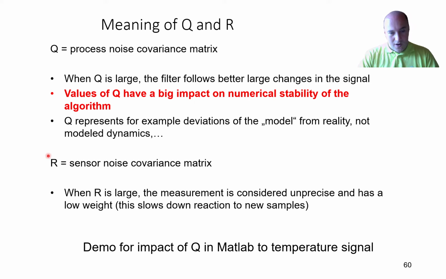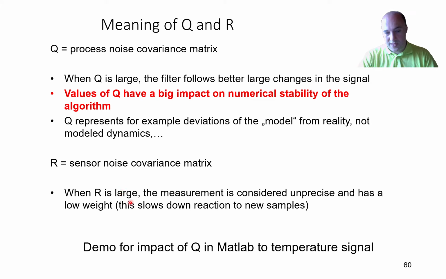Now to the value of R. The matrix R is the sensor noise covariance matrix. So this is telling me how precise my measurement is for all the variables that I have selected. So when I have one variable which has a large value in this R matrix, then I consider that my measurement is not precise, and therefore in my calculation I will have low confidence, low weight in my selection.